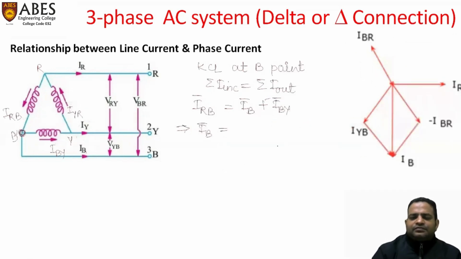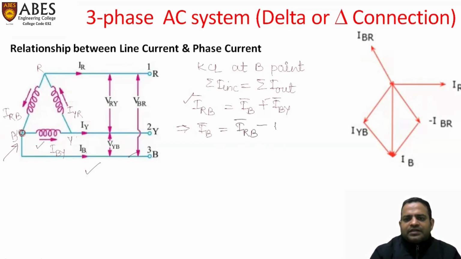Similarly, if we take KCL at this point, incoming current is IRB, outgoing currents are IBY and IB. So what is the value of IB? IB is IRB minus IBY. Again, negate the vectors: IYB minus IBR.